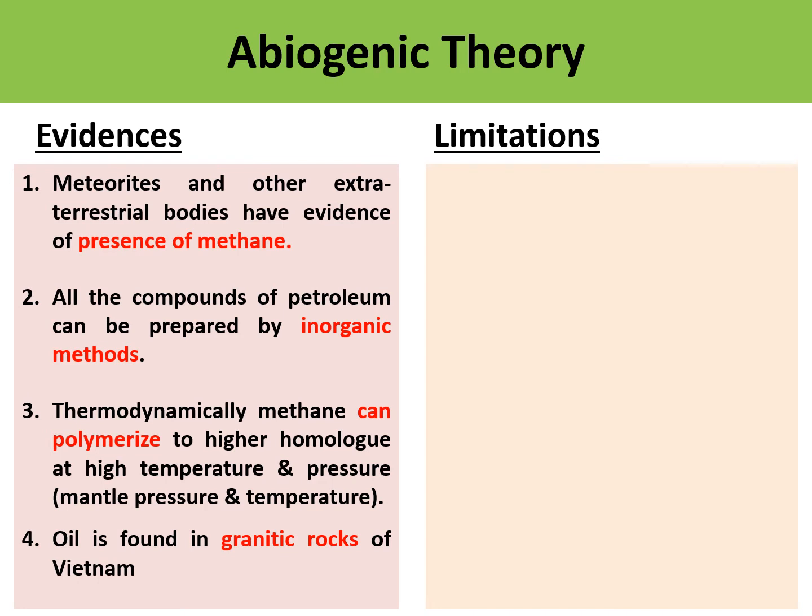Second, they say that all compounds of petroleum can be prepared and synthesized by inorganic methods. However, in this case, oil cannot be synthesized. Third, methane can polymerize to higher homologues by applying high temperature and pressure, similar to mantle pressures and temperature.